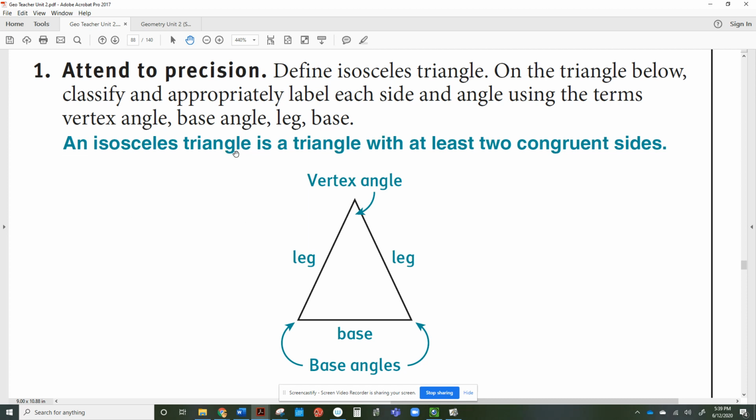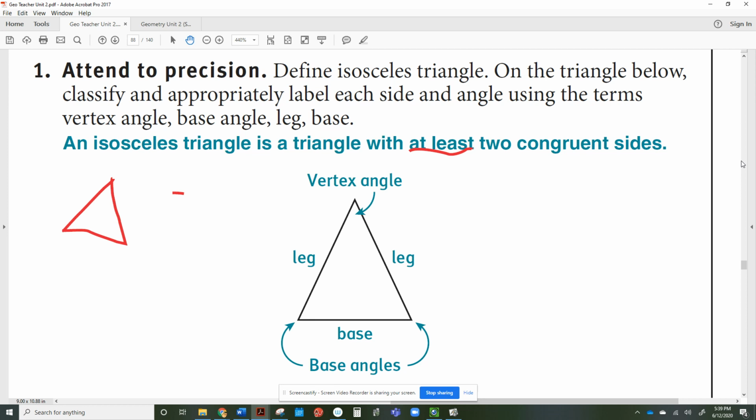So, by definition, an isosceles triangle is a triangle with at least two congruent sides. And this is the part that most people miss, that word at least. Most people say an isosceles triangle is a triangle that has two congruent sides. But by this definition right here, a triangle that has all three sides the same length is also isosceles.